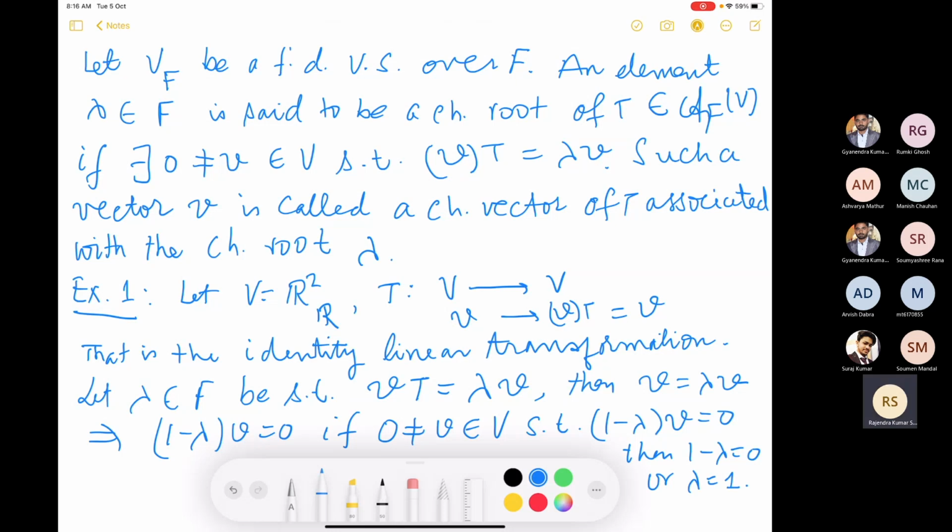So what we get, that lambda is equal to 1, is the characteristic root, and any non-zero vector will be a corresponding characteristic vector. That is the only eigenvalue that you can see.